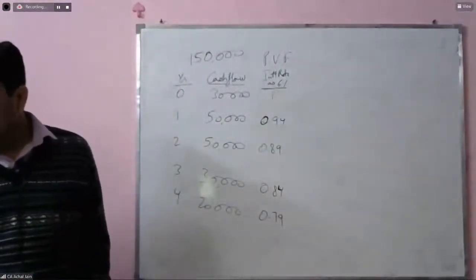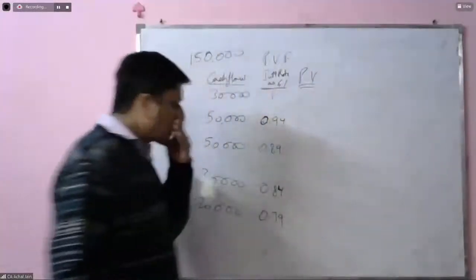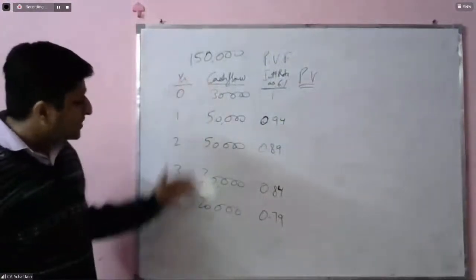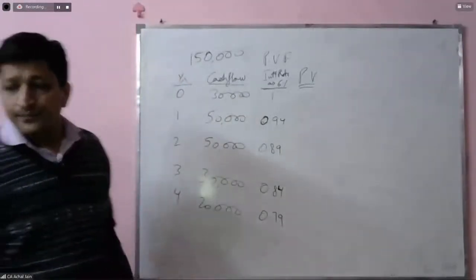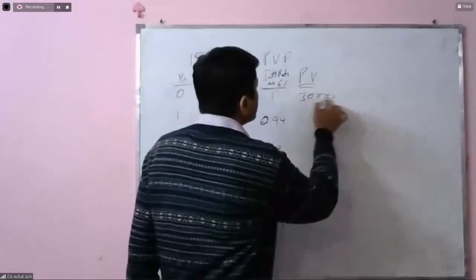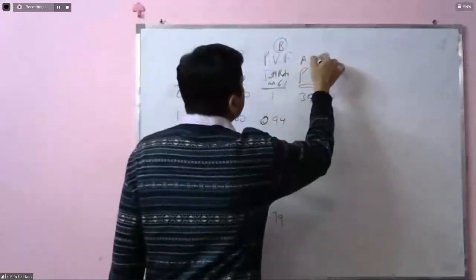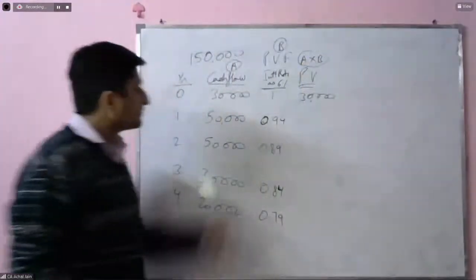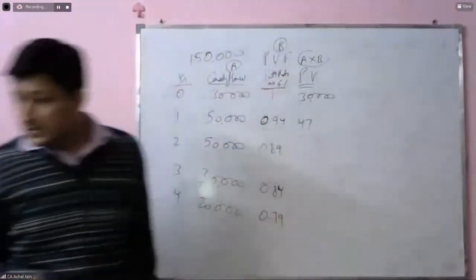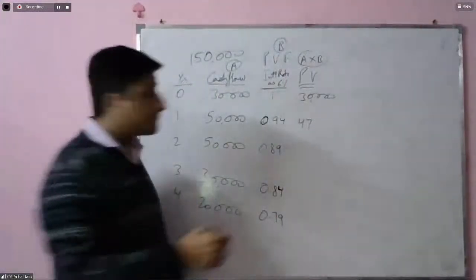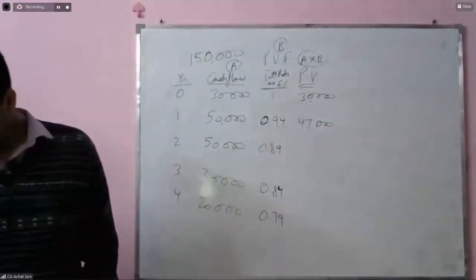Now what will I do? I will compute the present value, because my objective was to compute the present value using these cash flows, equivalent to 1,50,000. So let's see, is my objective achieved? This amount becomes 30,000. This is A into B. This becomes 47,000. Then this becomes 44,500.